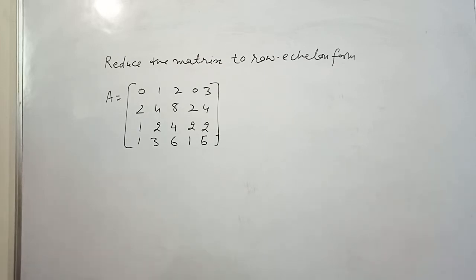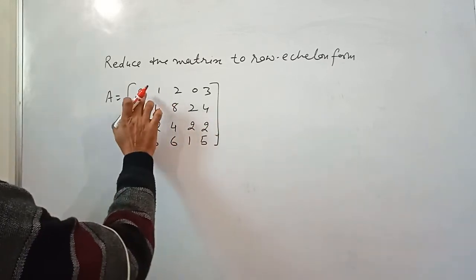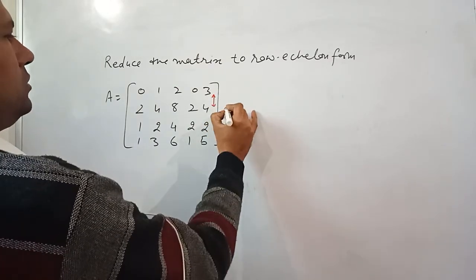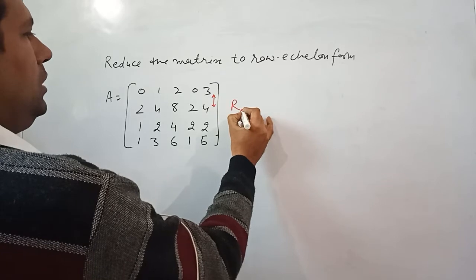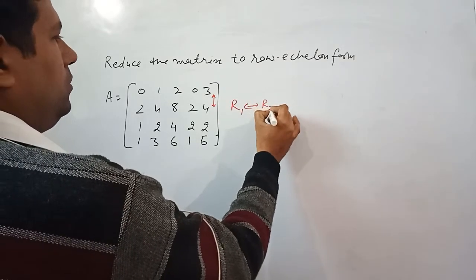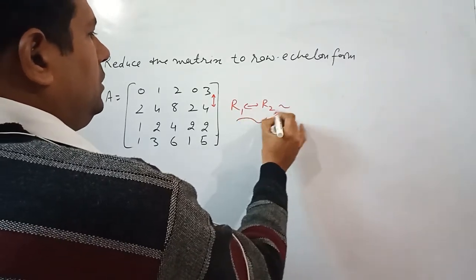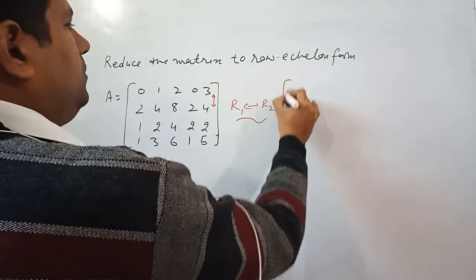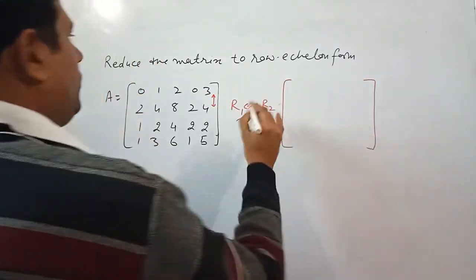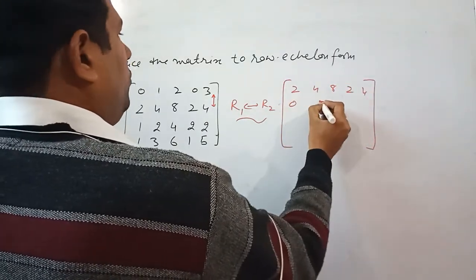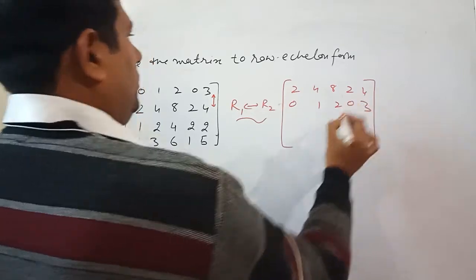So in this case, first of all, interchange R1 and R2 so that this 0 comes here. We will interchange these rows, R1, R2. So this will be equivalent to 2 4 8 2 4, 0 1 2 0 3, 1 2 4 2 2, 1 3 6 1 5.